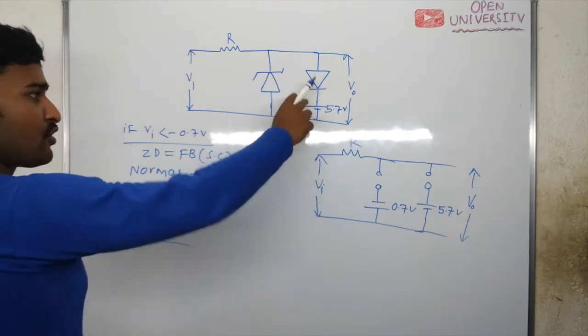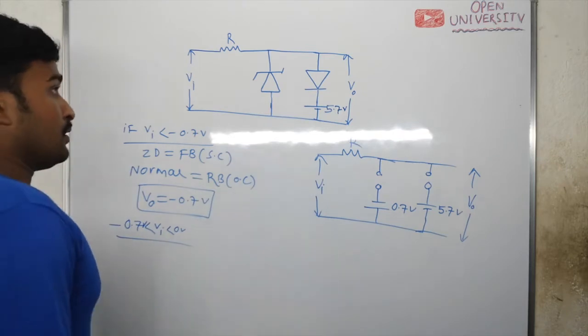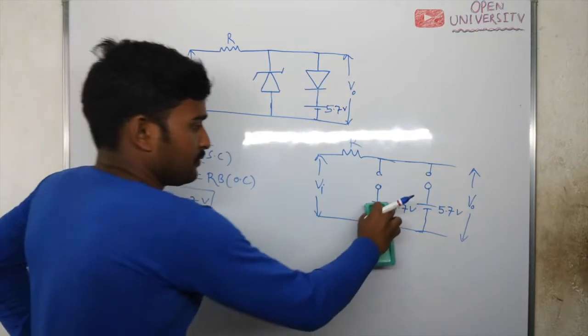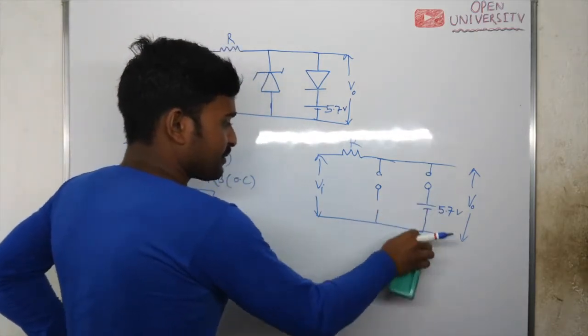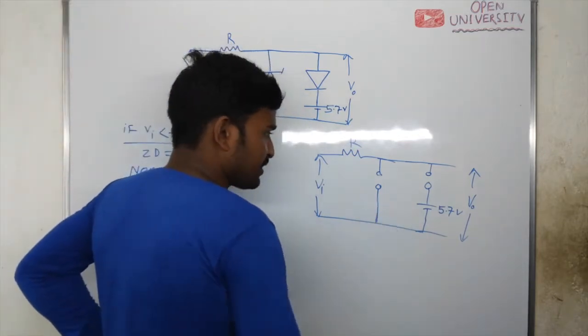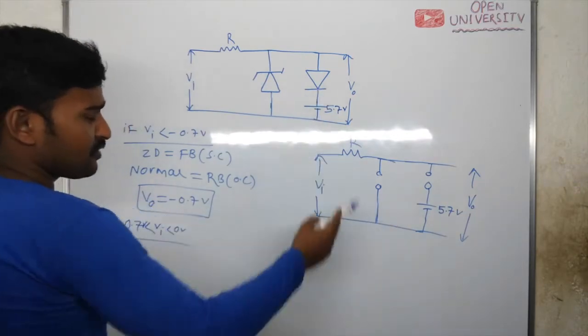But for the normal diode, I should consider the cut-in voltage because the normal diode is forward biased.